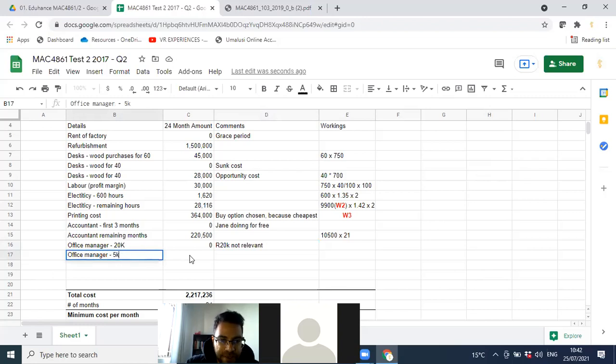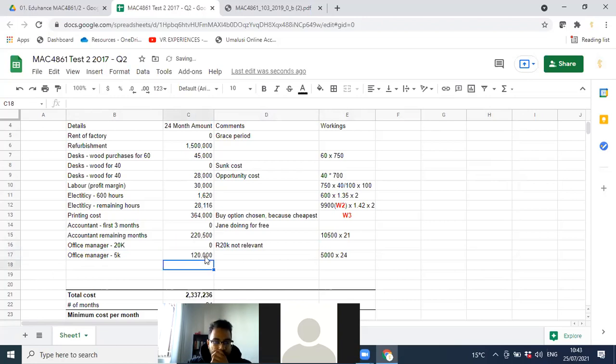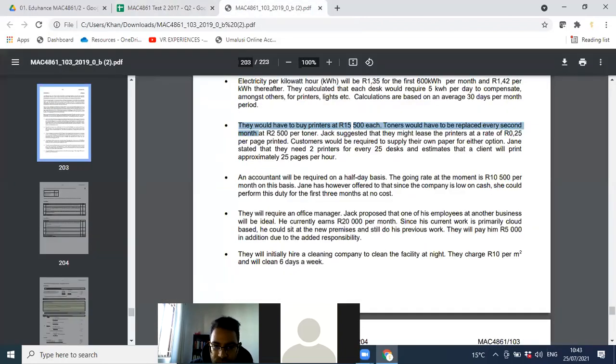That is going to be relevant. So we're going to say over here, 5,000 times 24 months. So I'm going to say equal 5,000 times 24 months.